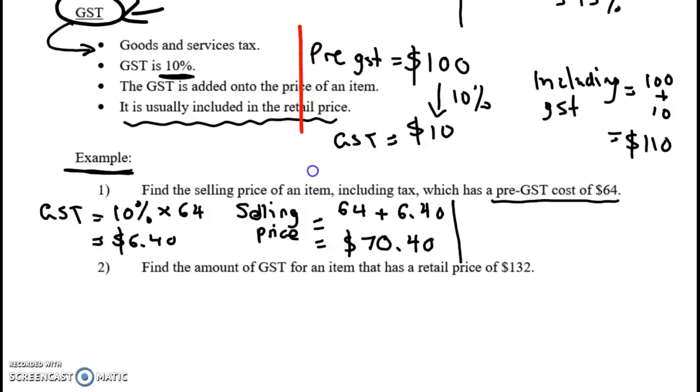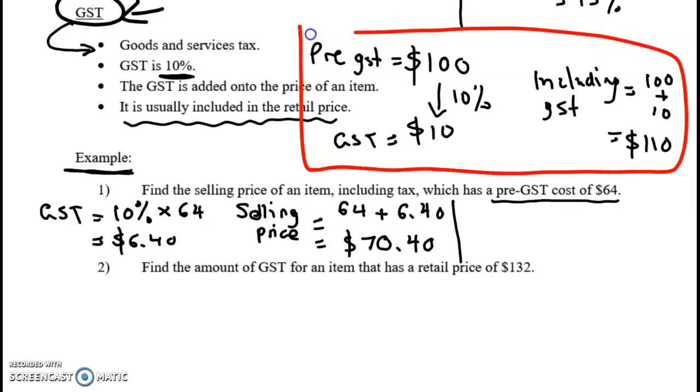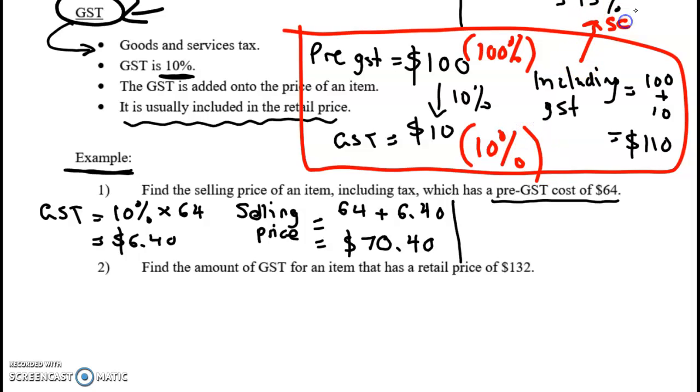So if we go back to our example here at the top, the pre-GST price, if we think about that as being 100% of the cost, and the GST is 10%, then the price including GST, I guess this is our selling price, well, that selling price is 110%.